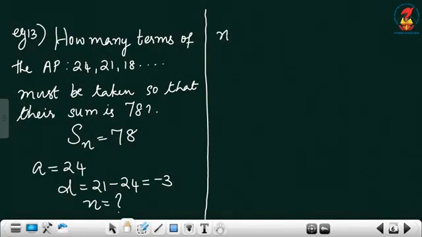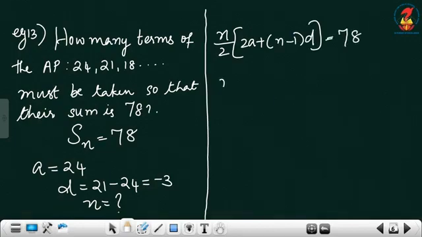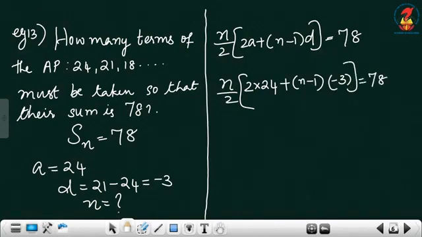So again we have to use the same formula, n by 2 into 2a plus n minus 1 into d is equal to 78. So n is not given, a is 24. So 2 into 24 plus n minus 1 into d, d is minus 3, is equal to 78.